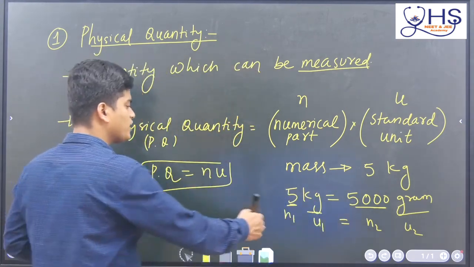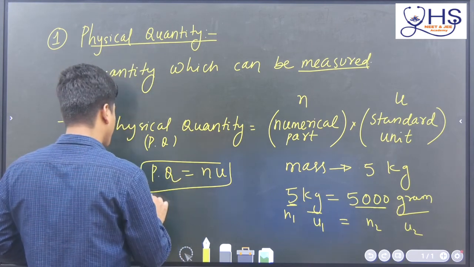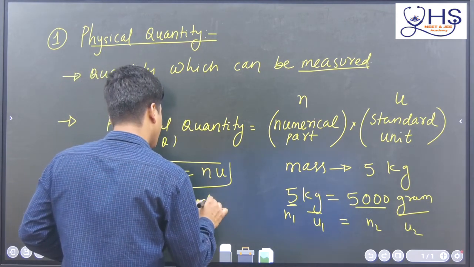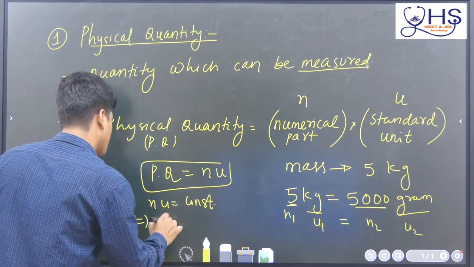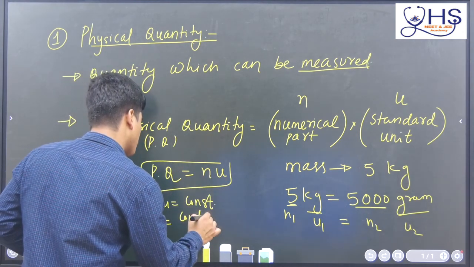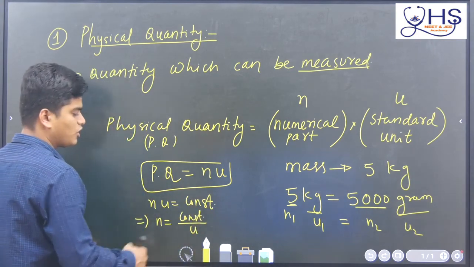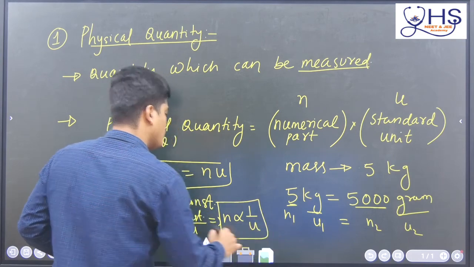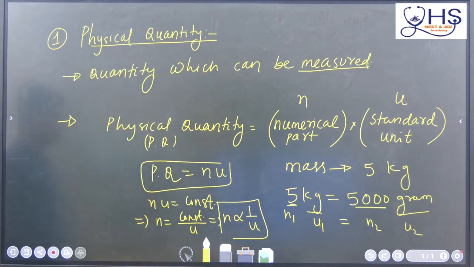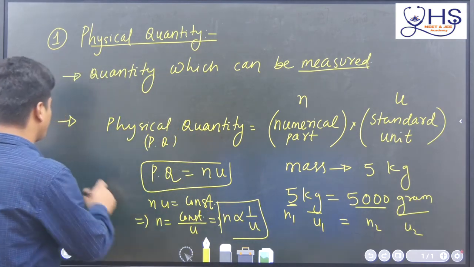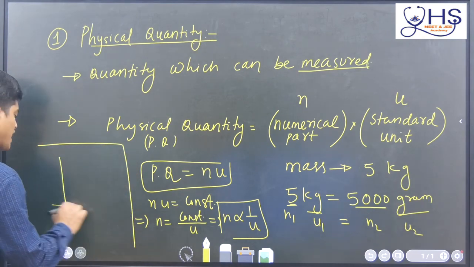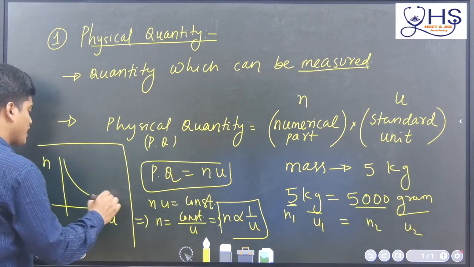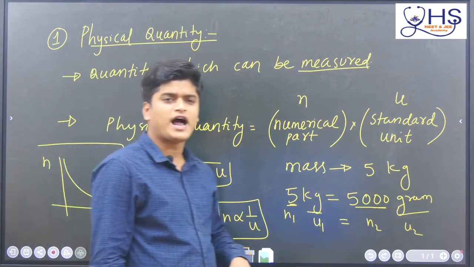So remember this: N1 U1 equals N2 U2, or you can write n u is constant, or n equals some constant by u, or n is inversely proportional to u. So the numerical part is inversely proportional to the standard unit part, and if I draw the graph of numerical part and standard unit, I will get a rectangular hyperbola graph.